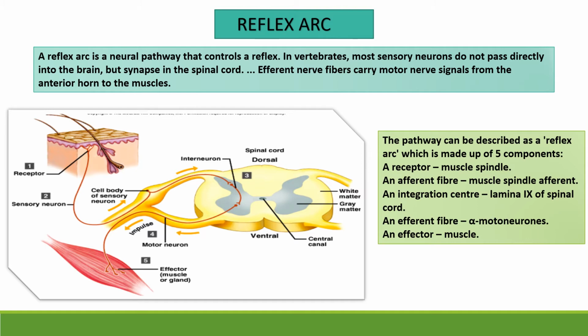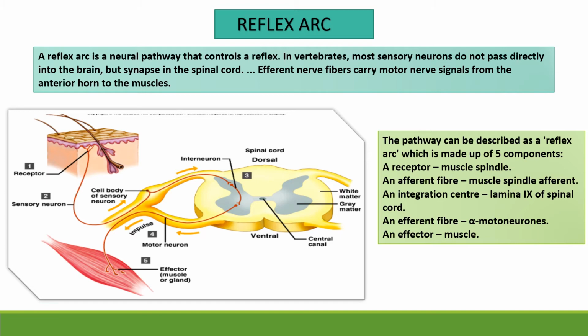Next, an integration center, that is lamina 9 of the spinal cord. The integration center is here, the spinal cord is here. An efferent fiber, that is the alpha motor neuron.